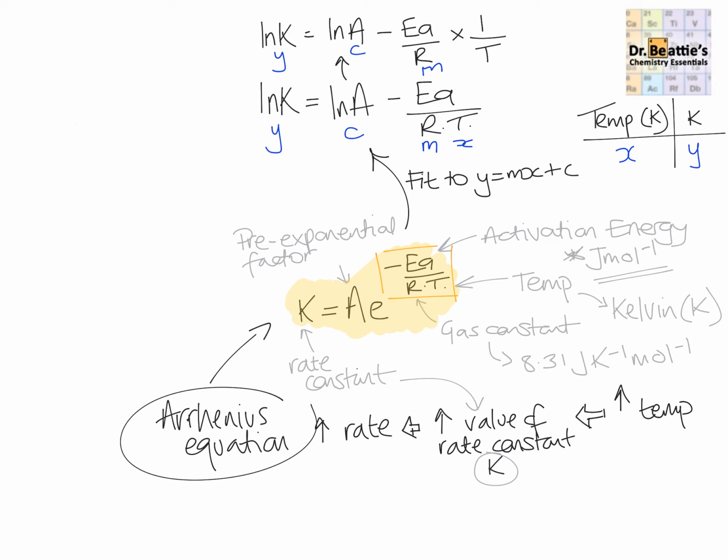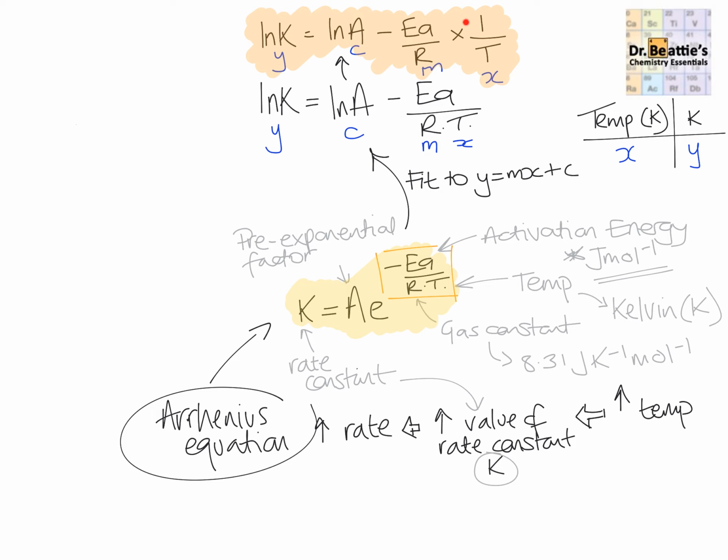And this will form our x values here. The reason it's 1 over temperature is because temperature is on the bottom of a fraction, and you have to have a number on top, so we've got the 1 there. So this is more user-friendly in terms of fitting it to the straight line. And so, whilst the other form is given in the data sheet, this one is the one that you want to be really happy with using.